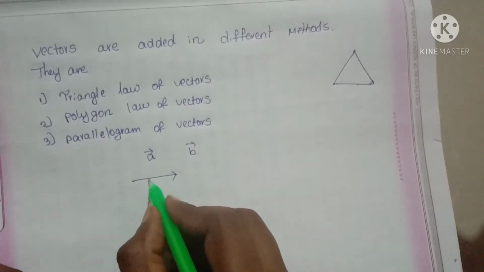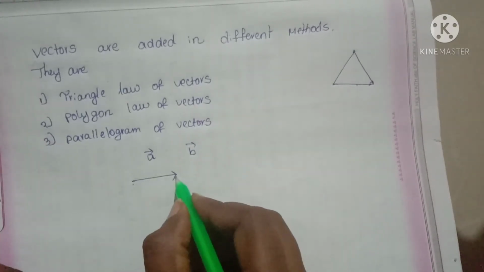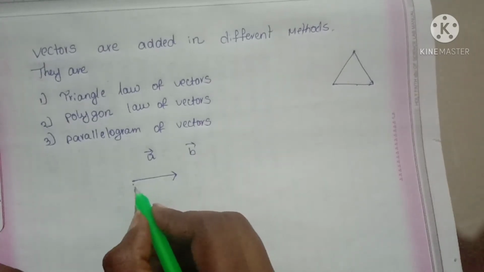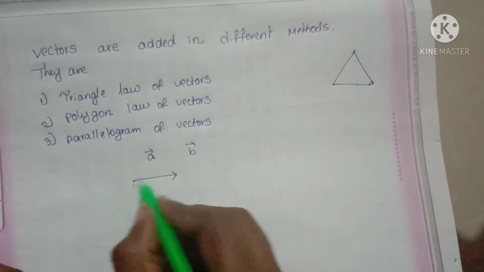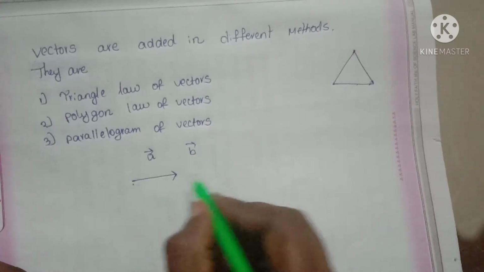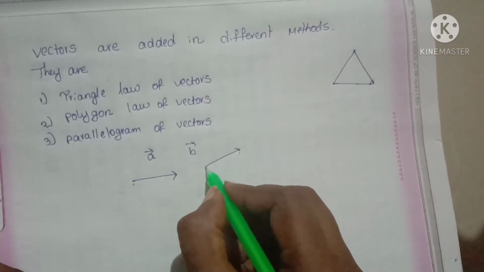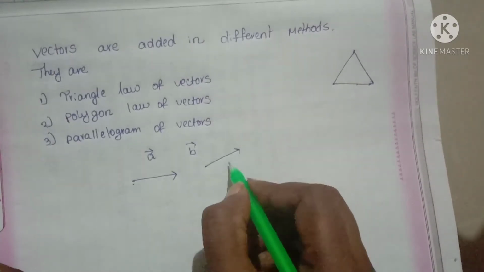This is the A bar vector; this is the tail, or origin, and this is the head, or terminal point. And this is the B vector, with its tail and head.